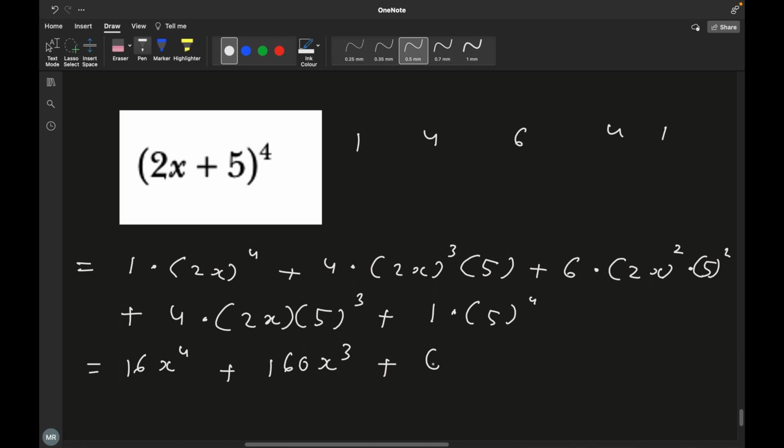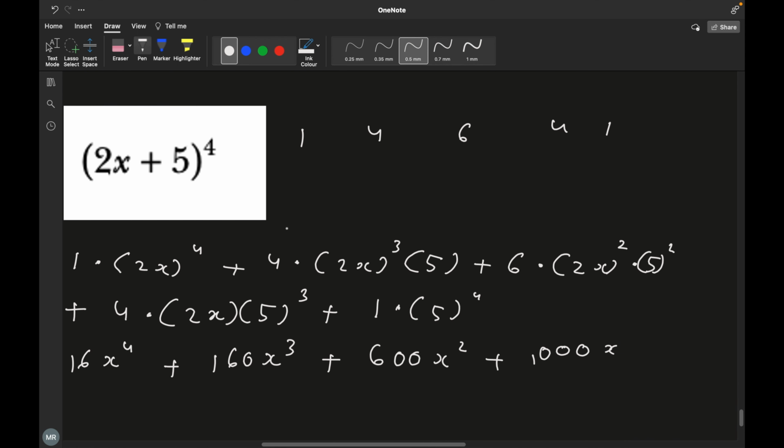That's 600 x squared plus 4 into 2 into 5 to the power of 3. That's 1000x, and then 5 to the power of 4 is 625. So that's the final answer.